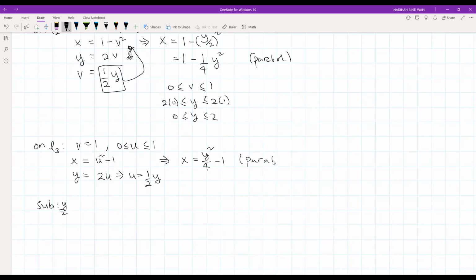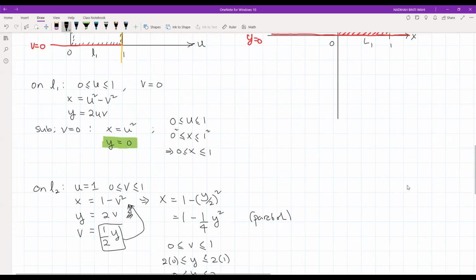You can see that this is the opposite of our previous parabola. So that one is on this side, and that one is on the other side. Okay, and then what happened to the range for Y? Let's see. U goes from 0 to 1, and therefore Y goes from 2 times 0 to 2 times 1. So Y is between 0 and 2.